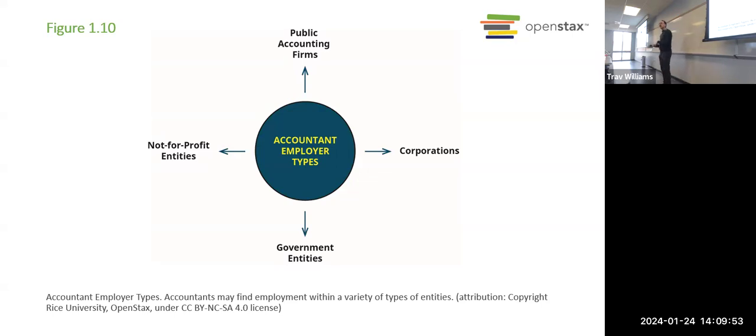It used to be the big five until I think it was 2002, when Arthur Andersen, that was the other one, got in some ethical trouble and quickly lost all of their customers and went basically out of business. So now it's the big four. If you get a degree in accounting, you'll have opportunities.